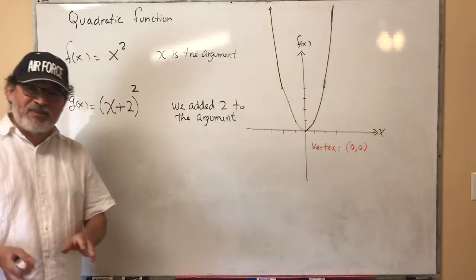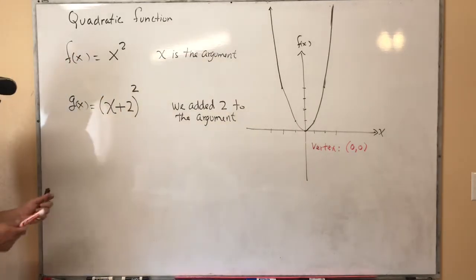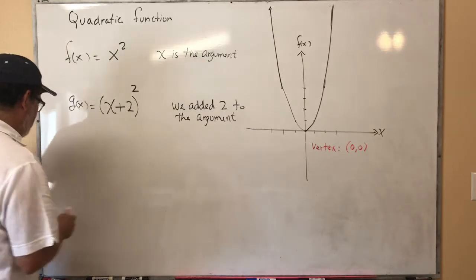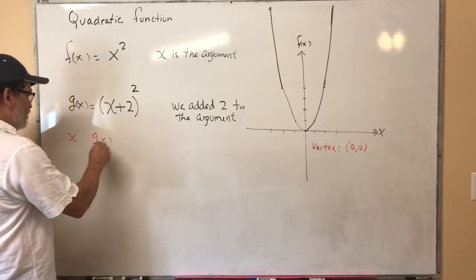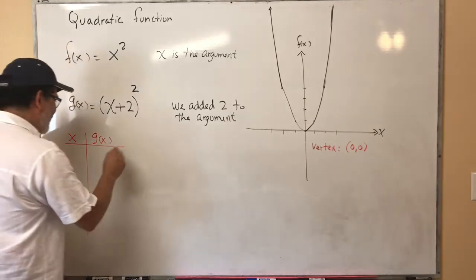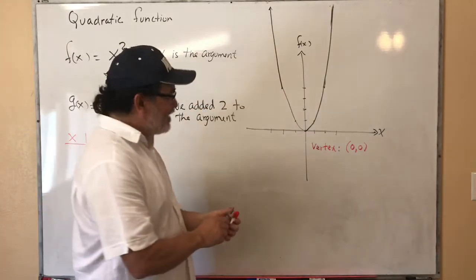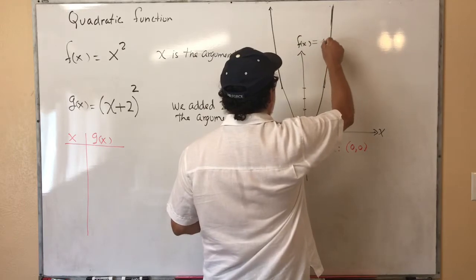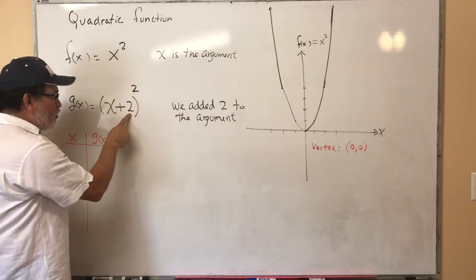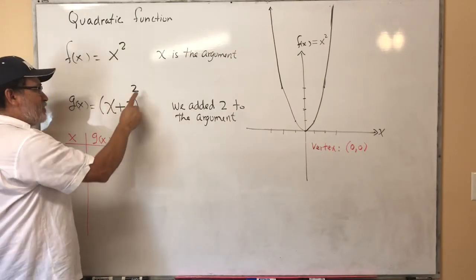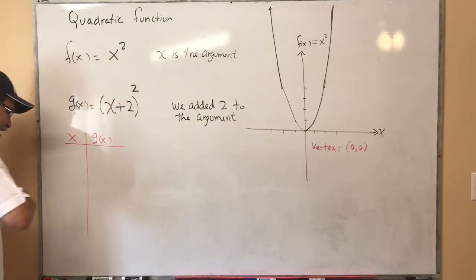If you don't believe me, we're going to make a table. Watch this. So here's x, and here's g of x. Watch what's going to happen to the old parabola. This is the basic parabola, x squared. Watch what happens when you add 2 to the argument. Now the new argument is being squared. Let x be -2.